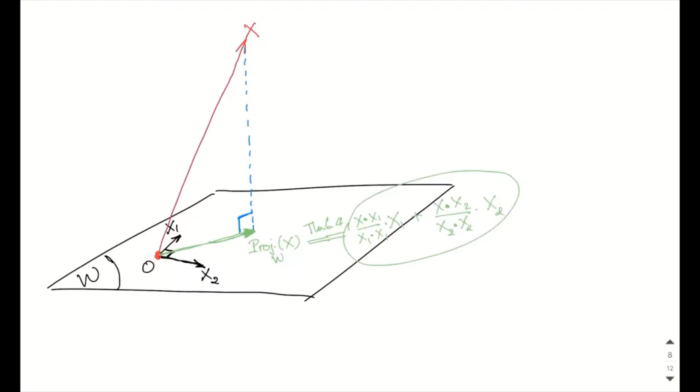You can imagine when x is in W, then the projection of x is going to be the vector itself. That is why when x is in W, these are going to be the coordinates of x with respect to the basis x1 and x2. However, if x is outside of W like this, then the projection, which is this one, is going to be other than x, right?